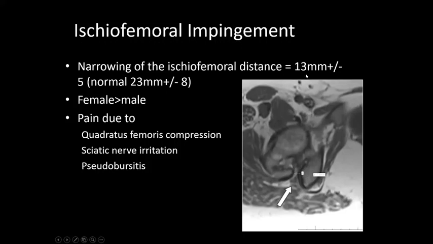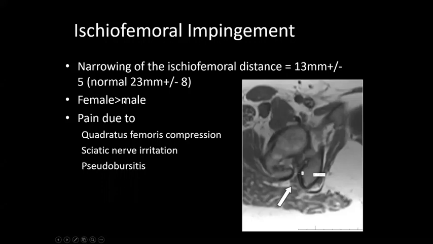Normally it is 23 millimeter plus minus 8 millimeter, but when it is reduced to 13 millimeter, it becomes abnormal and you get impingement of the femur and the ischium.